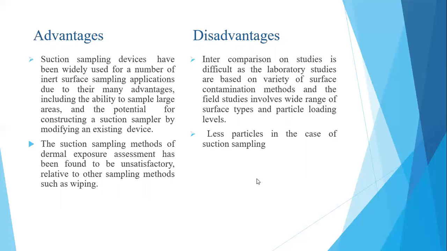Disadvantages: intra-comparison of the studies is difficult. Laboratory studies are based on a variety of surface contamination methods, and field studies involve a wide range of surface types and particle loading levels. Less particle in the case of suction sampling.